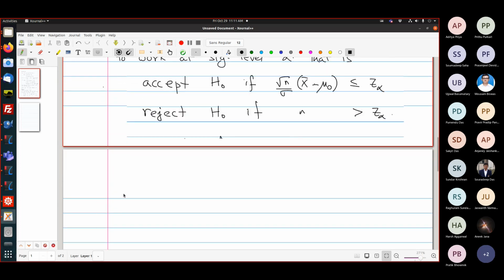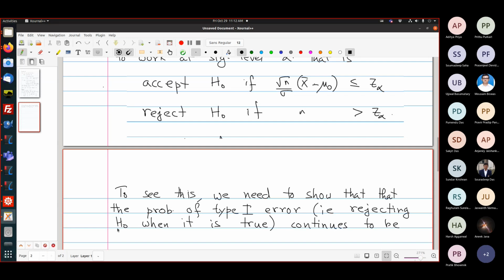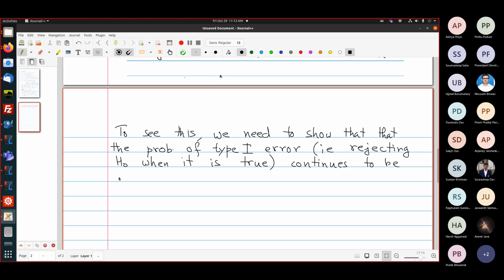So to see this, we need to show that the probability of a type 1 error, i.e. rejecting H0 when it is true, continues to be less than or equal to alpha, at most alpha.